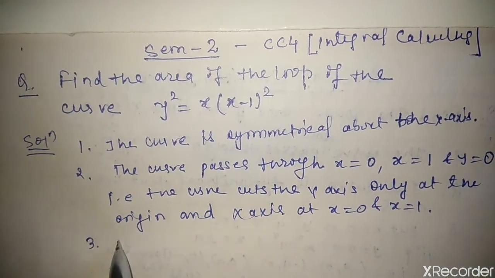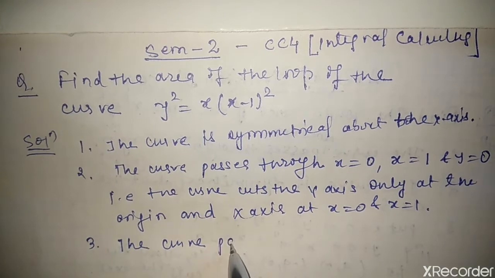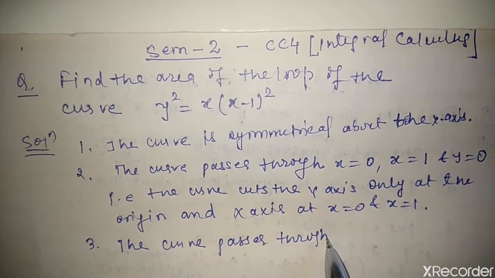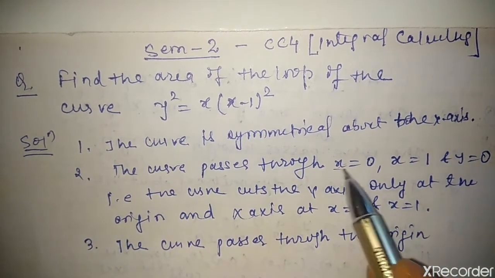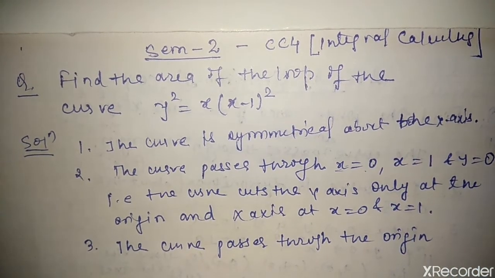So number 3, the curve passes through the origin. Since we have seen x equals to 0 and y equals to 0, we are getting the points on the x-axis and the y-axis.